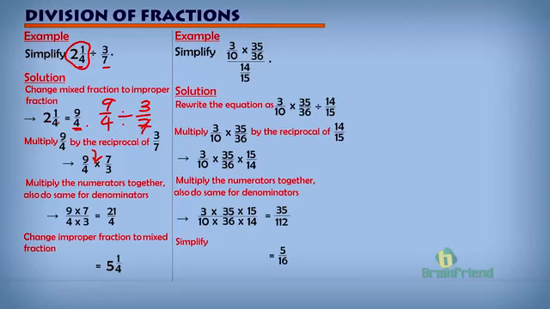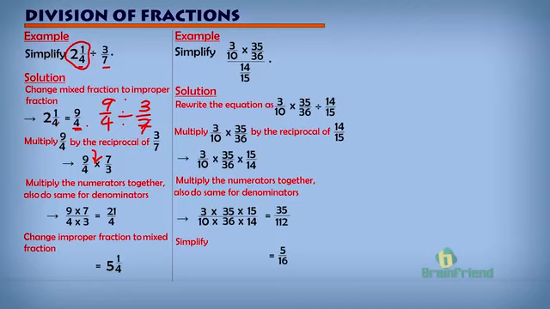So 2 things have happened. Our division sign turns to become a multiplication sign, while the number after our division sign is rewritten as its reciprocal. So 9 over 4 divided by 3 over 7 simply becomes 9 over 4 times 7 over 3. That's how you divide fractions.